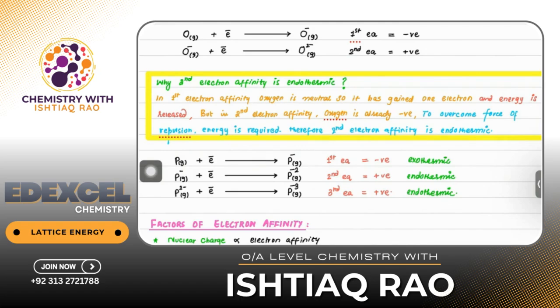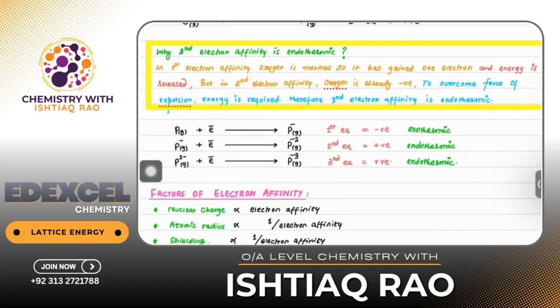Then it would be gaining its third electron to form P-3. One by one. Of course, when it gains the first electron, that's going to be exothermic. When it gains another electron, it would be endothermic, and when it gains the third electron, again it would be endothermic, okay?